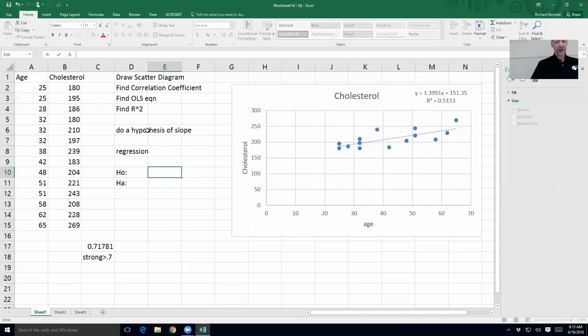And actually, technically, it should be capital M equals 0. Yes? How do you know that's regression? Because you're testing the slope. Testing the slope will be regression. Yep. Okay. And the alternative hypothesis is, Tanner? M does not equal 0.